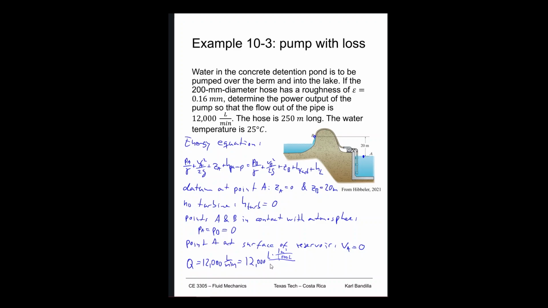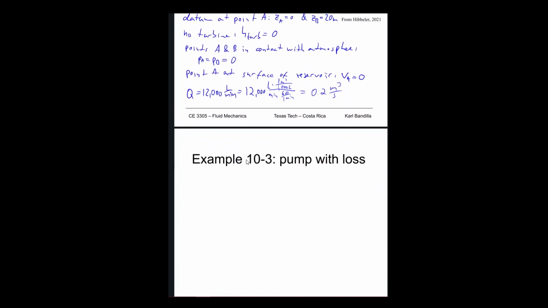And we started with minutes, so we know that 60 seconds are in 1 minute. Plug that in, we get 0.2 cubic meters per second.